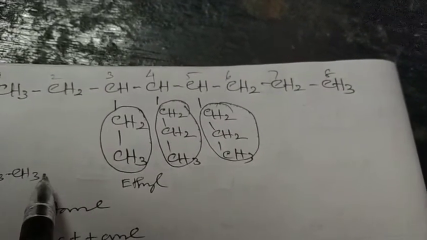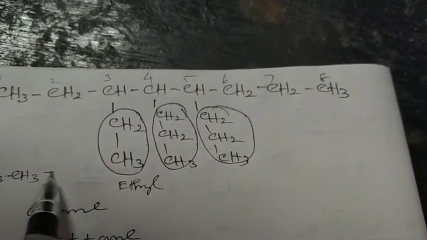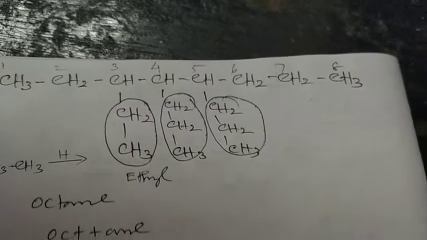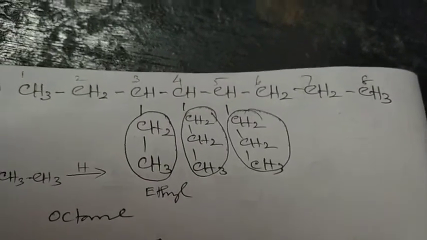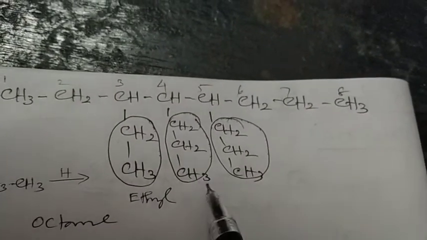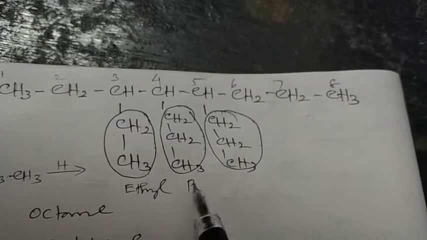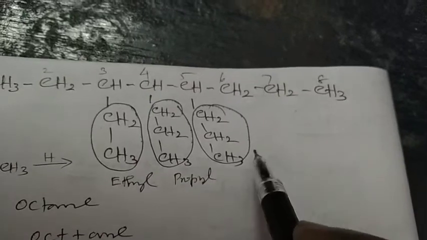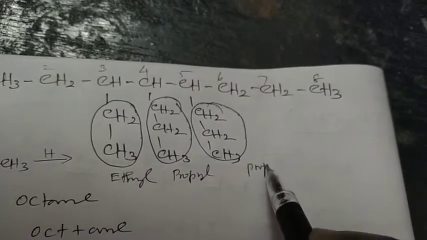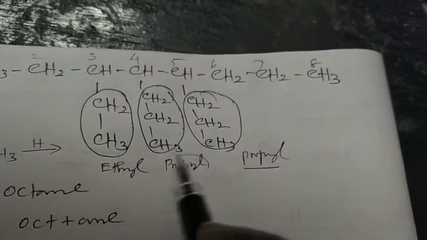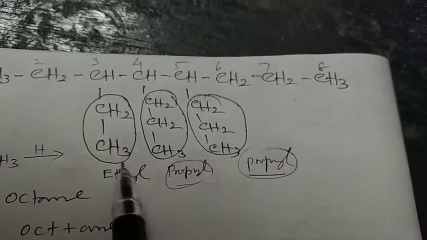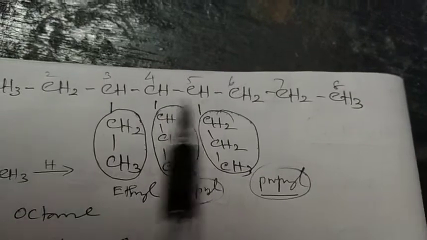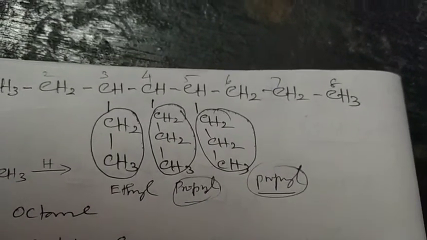By removing one hydrogen, this alkyl group is obtained. So this is going to be ethyl. Similarly, this is going to be propyl, and this is also going to be propyl. So two propyl groups are there. So one ethyl group and two propyl groups are attached with the longest chain.